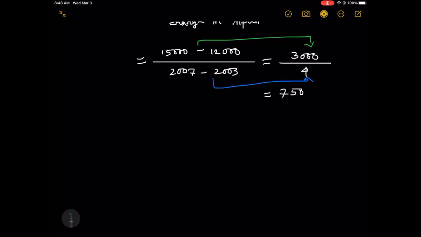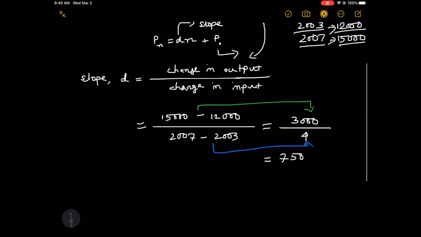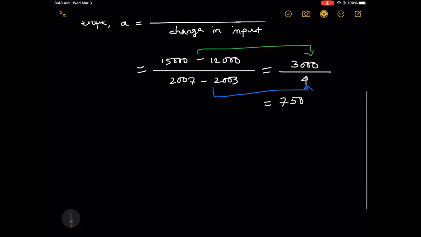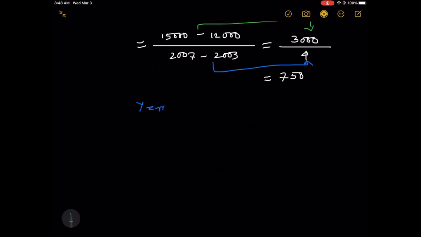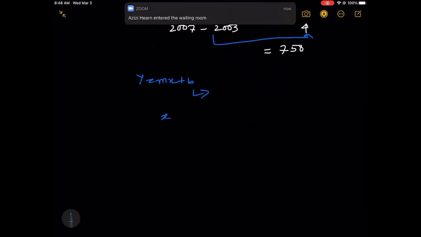Okay, now what's our y-intercept or P naught on this occasion? If you remember, for y equals mx plus b, the equation of this format, we said we can calculate b by just plugging in x equals 0, right?